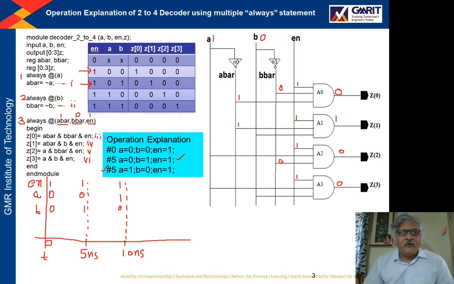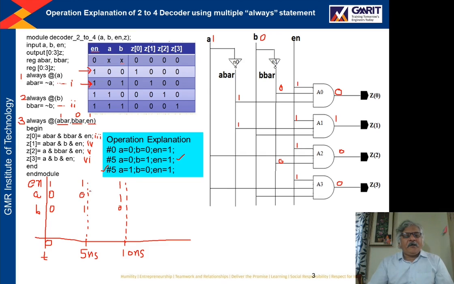So now an event occurs on a and b both. Due to the event on a, always block number 1 will be activated, and due to the event on b, always block number 2 will be activated. So both will be activated concurrently, parallelly, and statement number 1 and statement number 2 will be executed. Due to statement number 1, a bar is equal to not a.